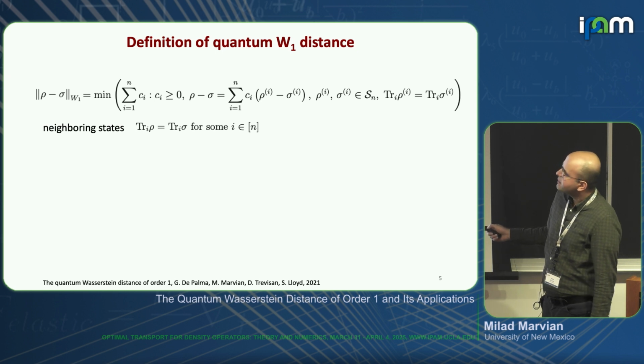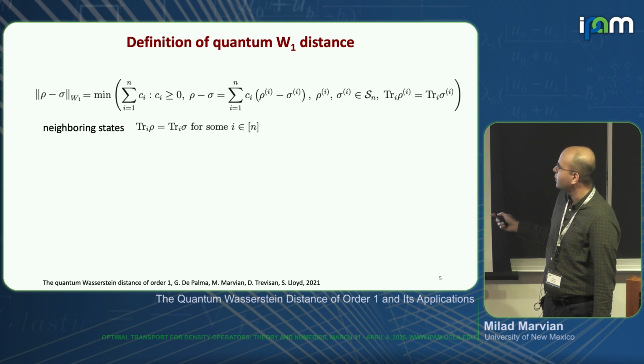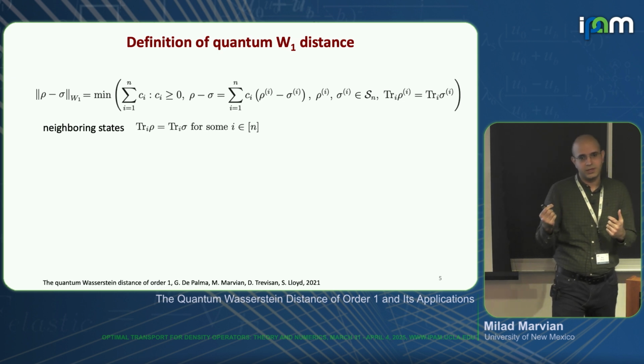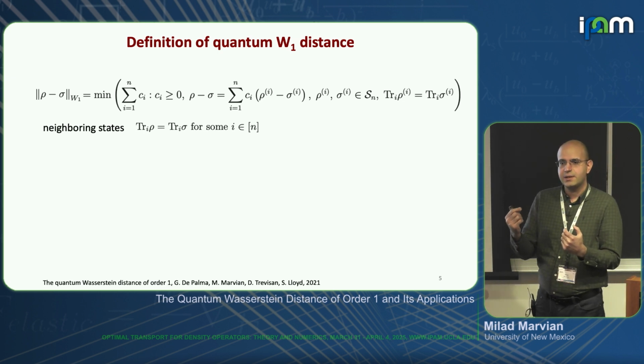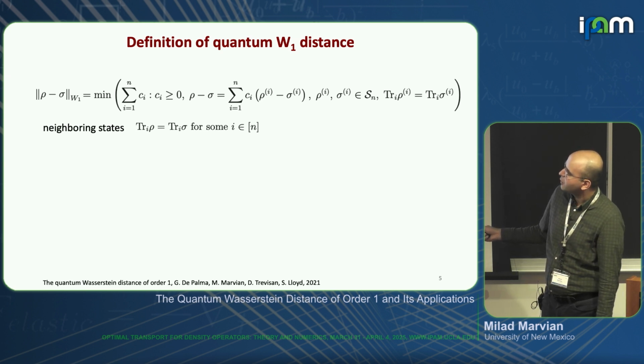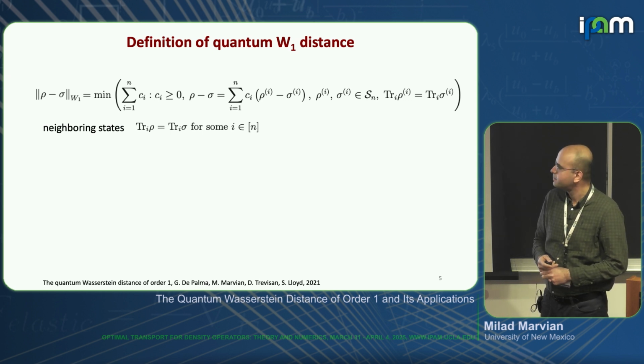And then I look at the best decomposition I can have over this type of states. I'm going to call this state neighboring. When I have two quantum states that, if I trace out one of the systems, become the same, I'm going to call those neighbor states. And I ask, what's the best decomposition of two states that you give me on these neighboring states? Okay?